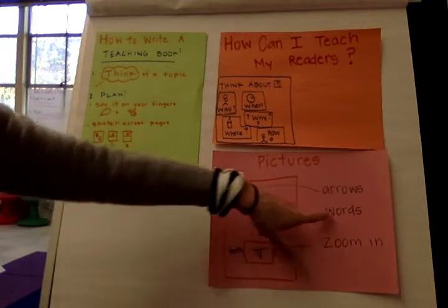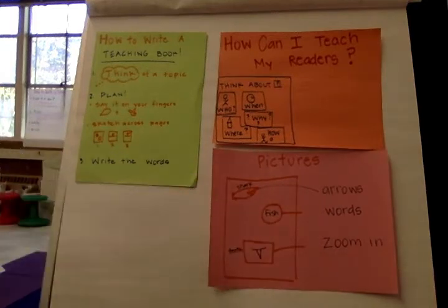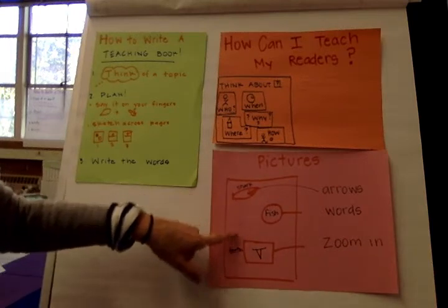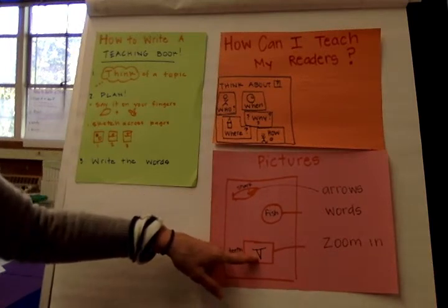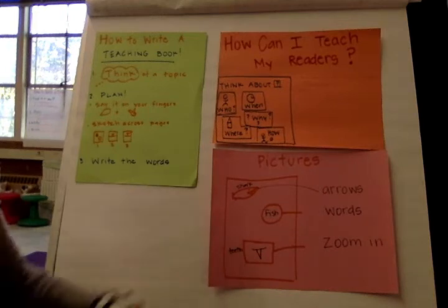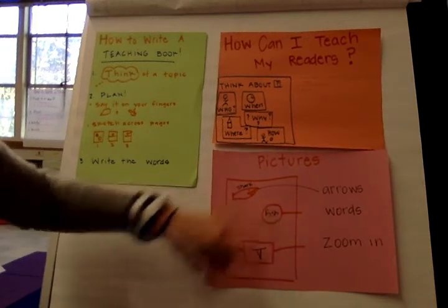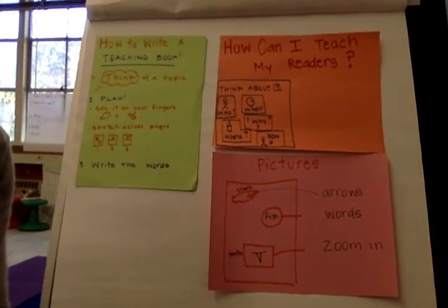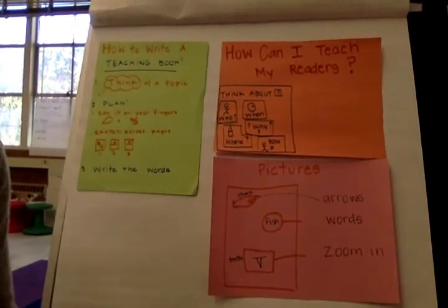Are you going to use words? Are you going to zoom in? So if you're talking about a shark, here's the tooth, and you really zoom in on the tooth. Using words, here's the word fish, or using arrows. Those are 3 ways that you can use pictures to help give more information.